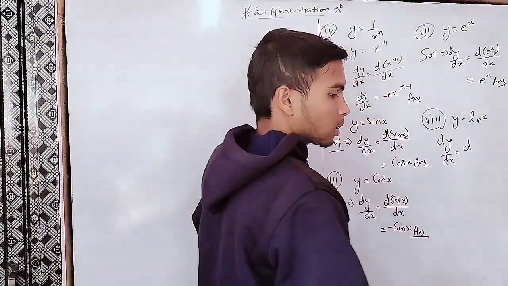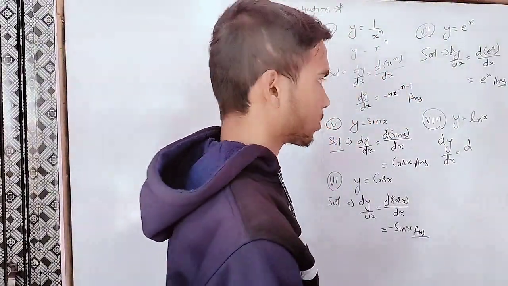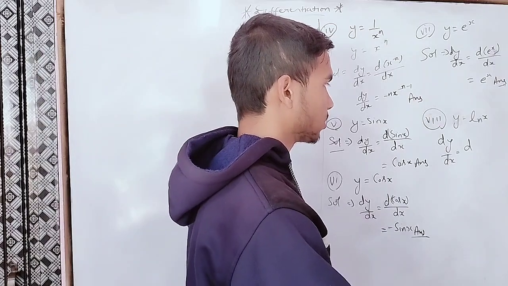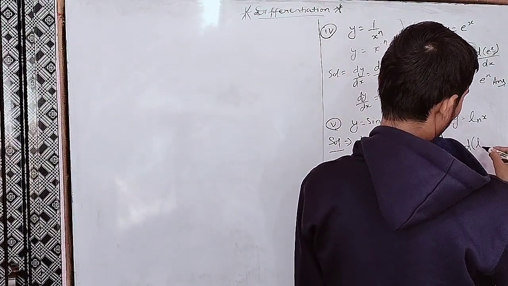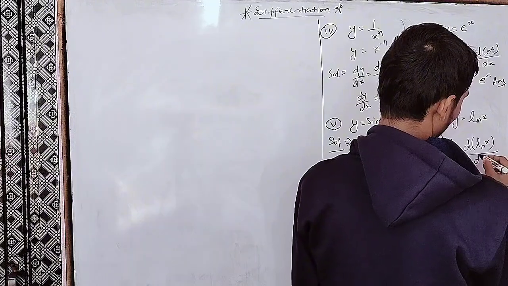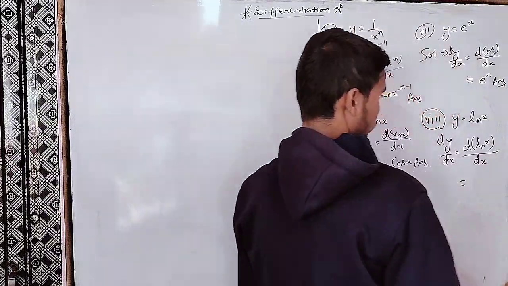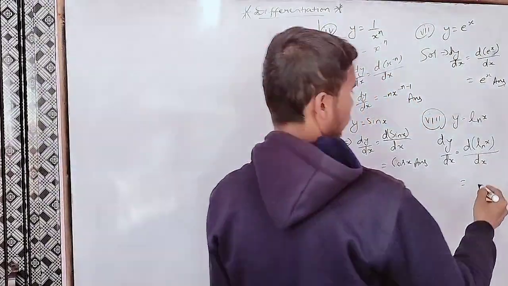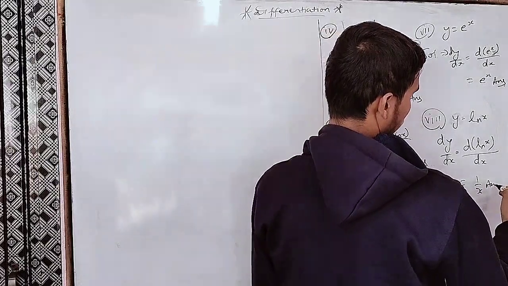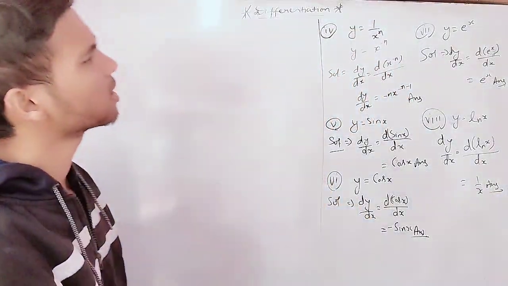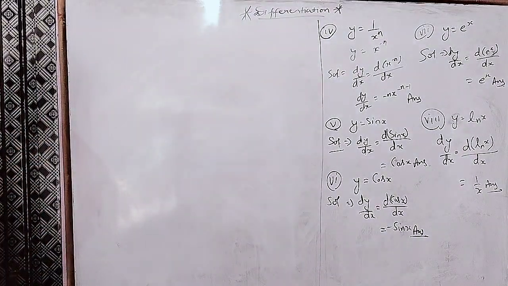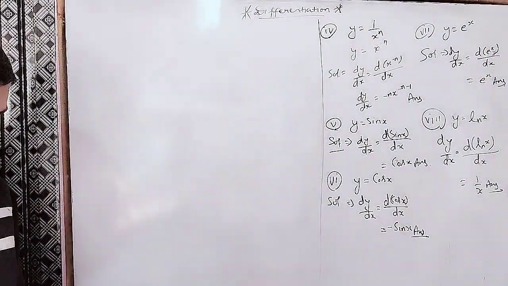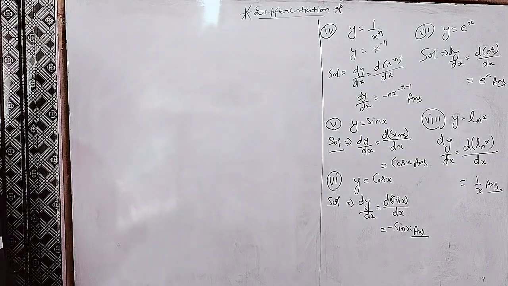By making the process, it will be better for the first time to solve it. So the formula of ln x is what? 1 by x. That's it. These are the formulas of differentiation because they will help. That's why. Now we are going to take the next question.